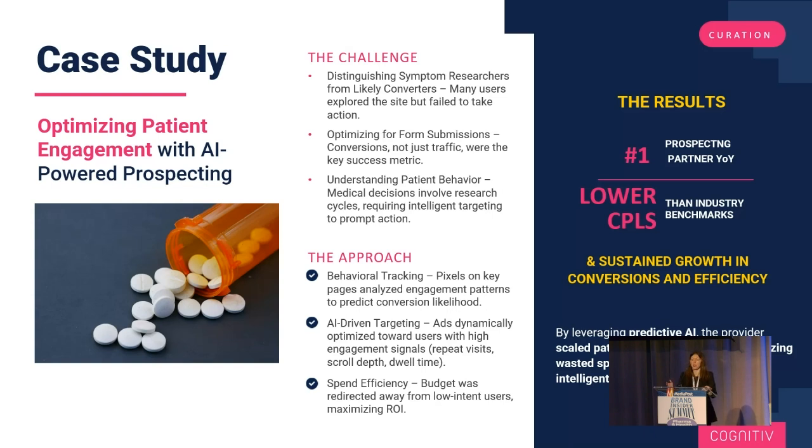So an example in this space, we've been working with a partner for many years on a prospecting perspective to find new and high value users to actually use an on-site doctor locator tool. So finding these users as they're ready to take this action with an HCP, but haven't actually been reached yet. And we've seen really compelling results for this.